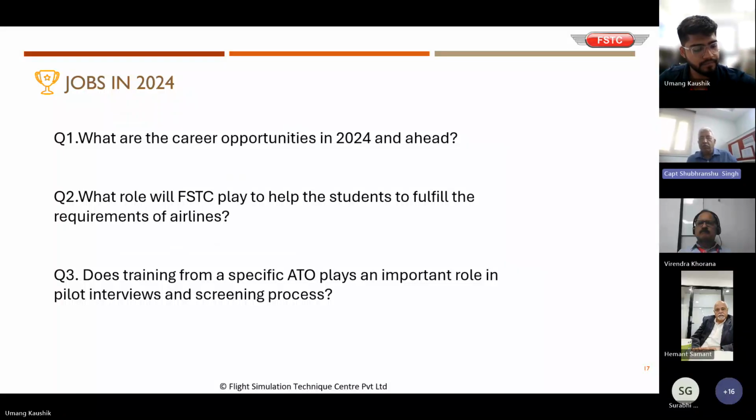Okay, before that, one more input I want to give you, which Captain Saman mentioned. I joined FSTC only about a year back. Before that, I was director of flight operations training, pilots training, in Boeing. So out there, I was sitting on the other side taking interviews of youngsters like Sanath.